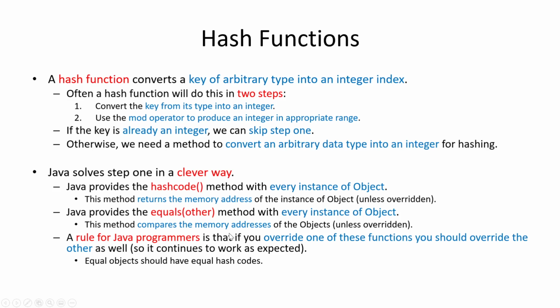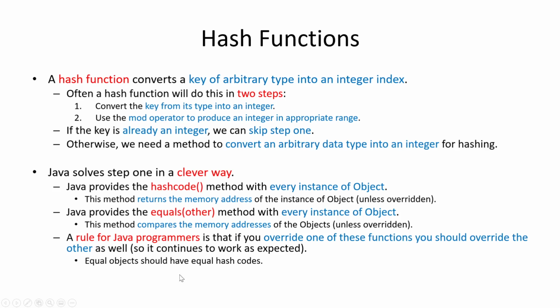Now, because we're fully aware of what these methods do, we now see a rule that good Java programmers use: if you override one of these methods, hashcode or equals, you should override the other one so that it continues to work as expected. What I mean by that is equal objects should have equal hash codes.